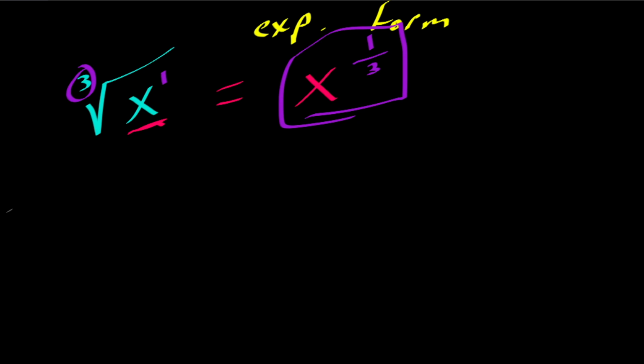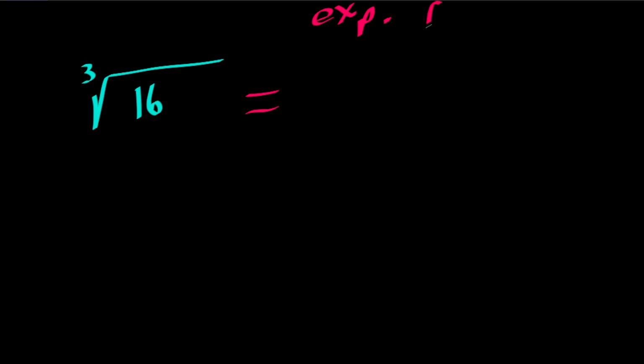All right? Now, let's make this a little bit more challenging, because obviously we have to do that. Let's say we had the cube root of 16. Okay? How could we rewrite that so that it's an exponential setup, or we can write an exponential form? All right, so first, and I would suggest trying this on your own.